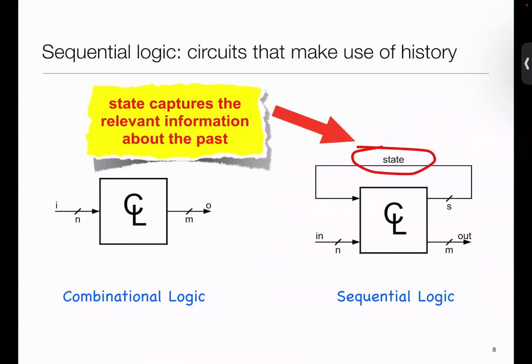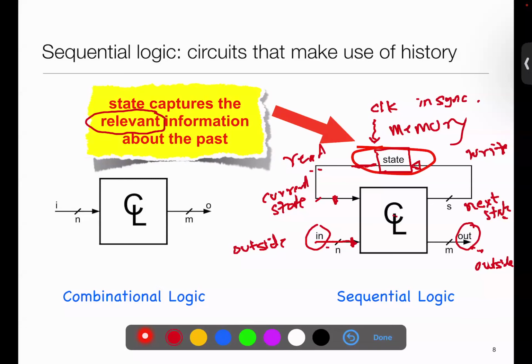So the concept of state is that it captures the relevant information about the past, right? In order for the system to perform its functionality, it's not as if we are just blindly recording everything that we are seeing on the inputs coming from the outside world. We could if we had infinite resources, but real systems don't. So we are going to extract something.